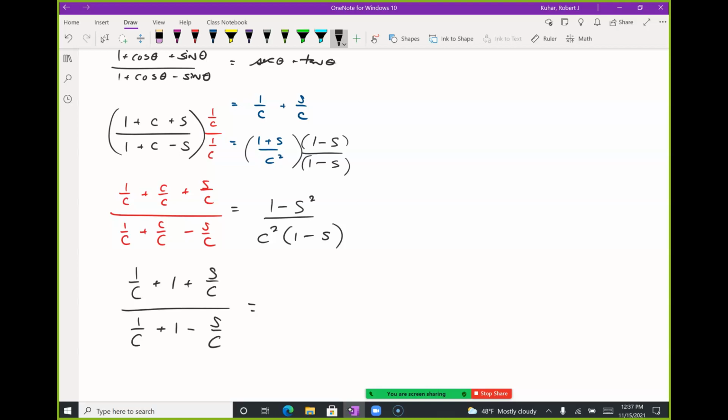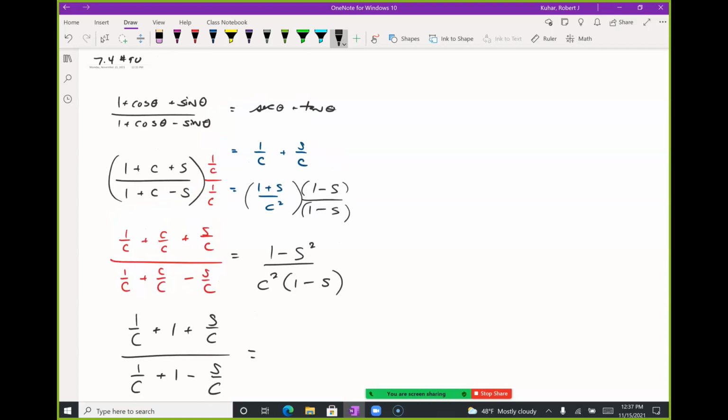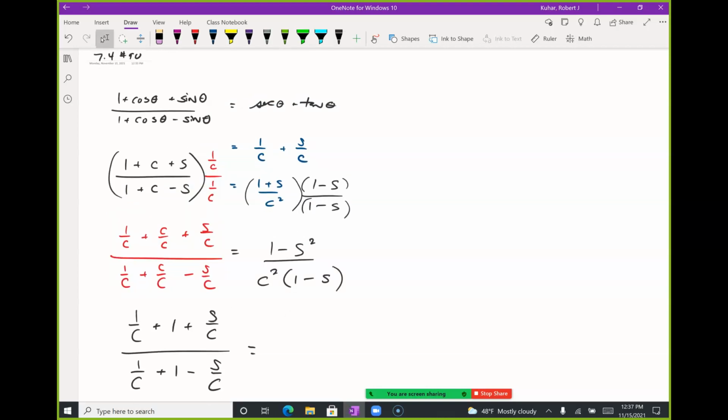I'm starting to feel like maybe I wrote the problem down wrong. That's usually what happens when you get nowhere. Let me see what happens again in 90. 1 plus cos plus sine over 1 plus cos minus sine equals secant plus tan.